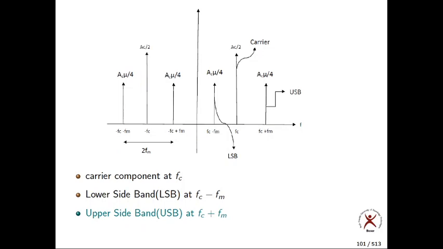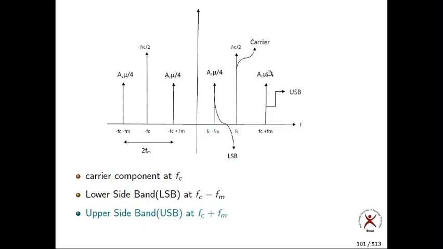Why is the power efficiency very poor? The components that contain information have very little amplitude. You can see here Ac mu by 4 and Ac mu by 4 have less amplitude compared to the carrier term.